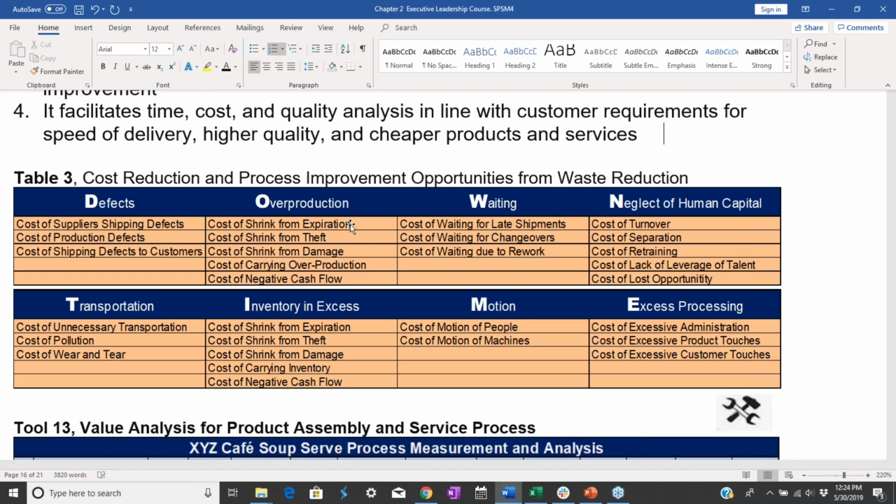Simple thing like turnover, right? The cost of separation, the cost of retraining. Every time we have turnover, let's say outside of the procurement function, let's say the logistics function or the manufacturing function, they have a high turnover rate.